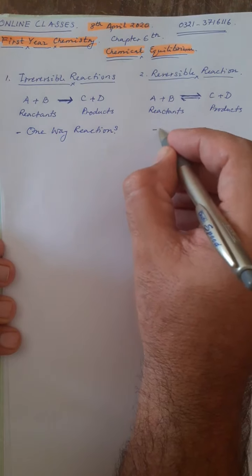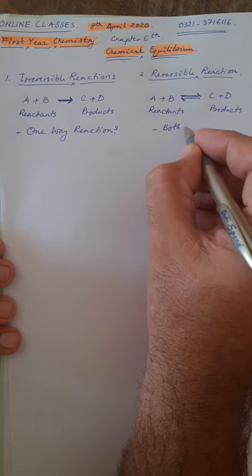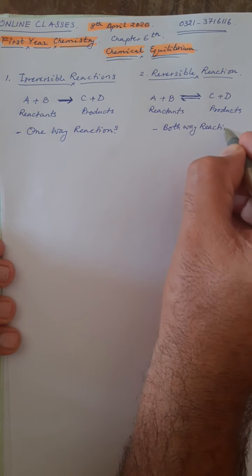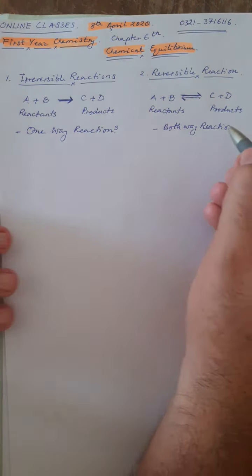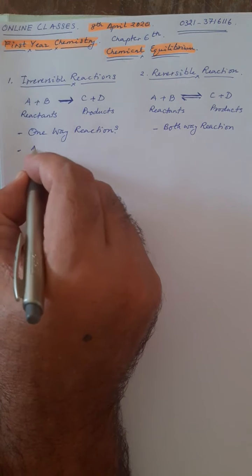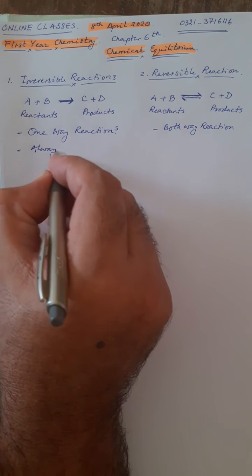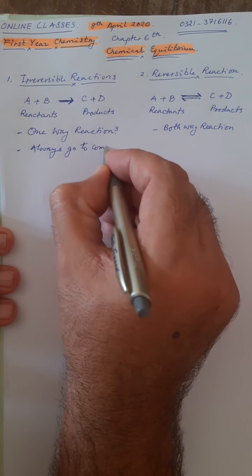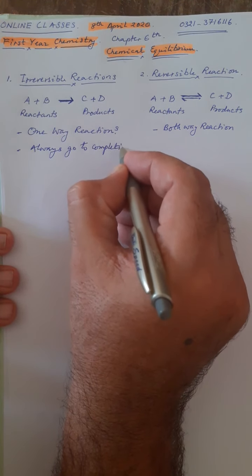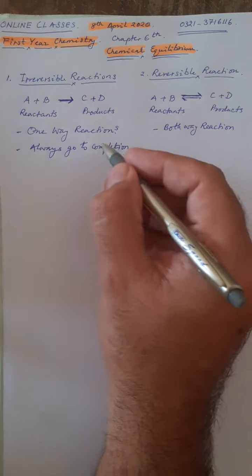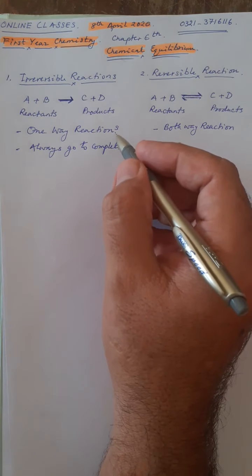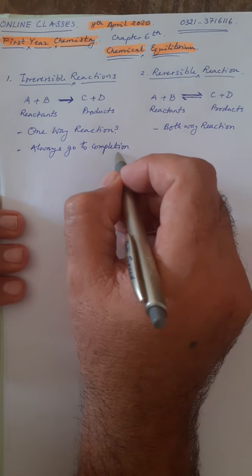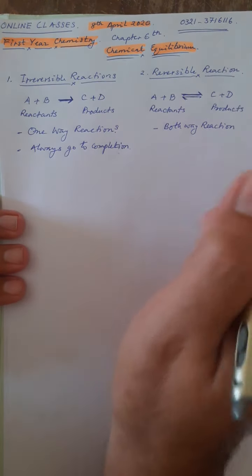and they are called both-way reactions. It means that they go either way. Such reactions always go to completion, which means they are going to complete. Some reactions will complete sooner than others, and some will complete later than others, but this will definitely come to a stage where no reaction will continue.